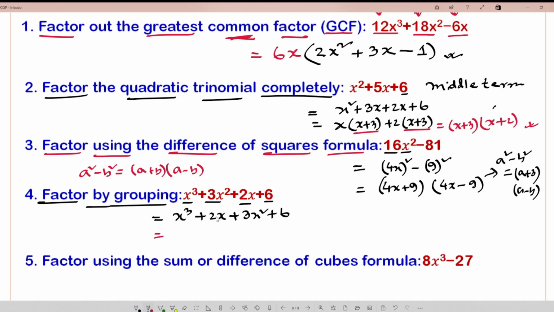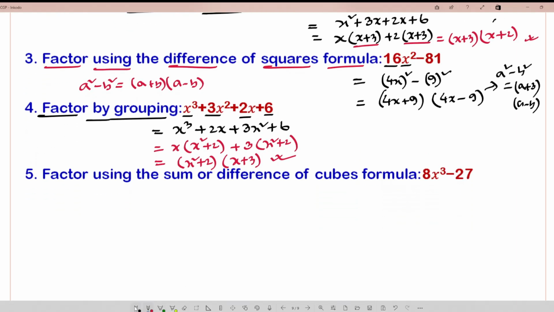Now very simple, here is x common, so x square plus 2, plus here is 3 common, again x square plus 2. So our answer is x square plus 2 times x plus 3. Very simple. So by grouping we also can factorize.